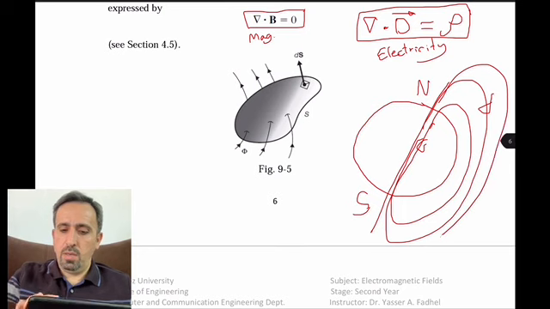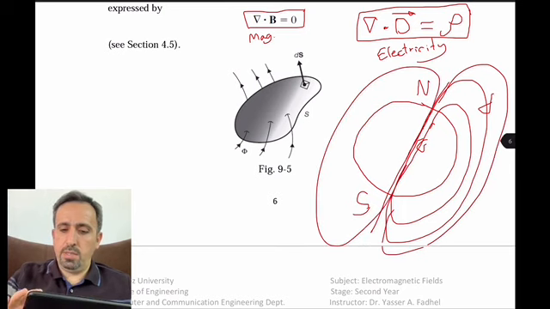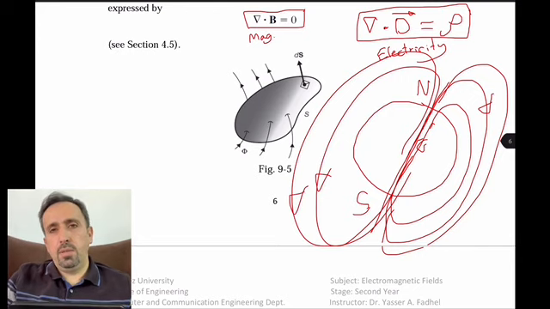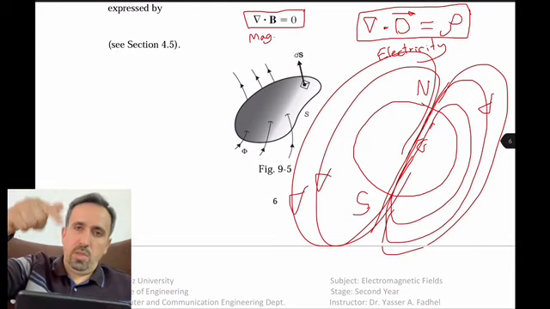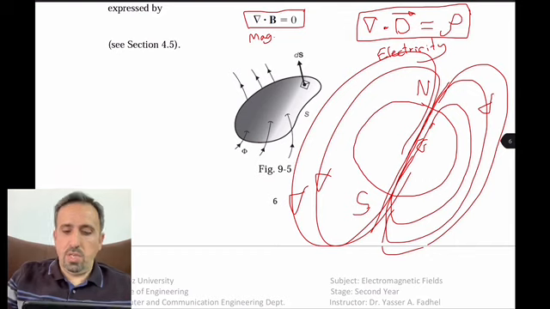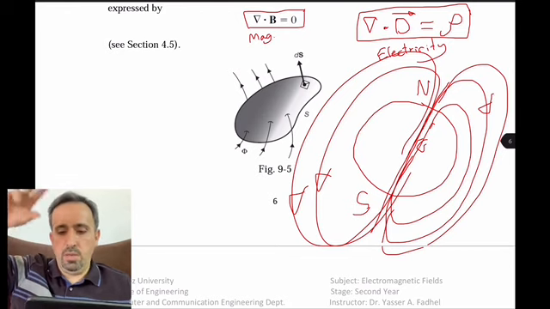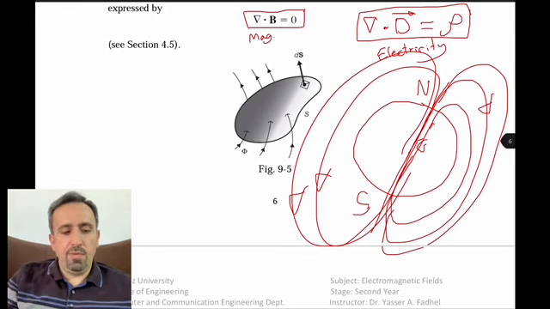These lines have no start and no end points. These lines will be circulating between north and south without having a starting and end point.